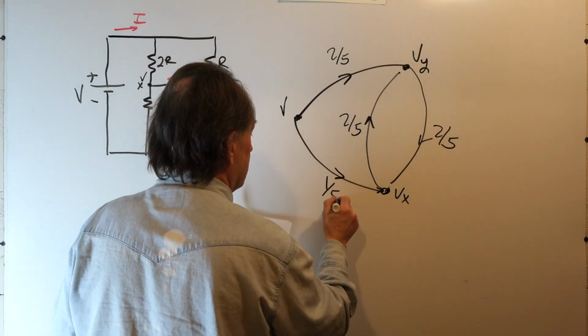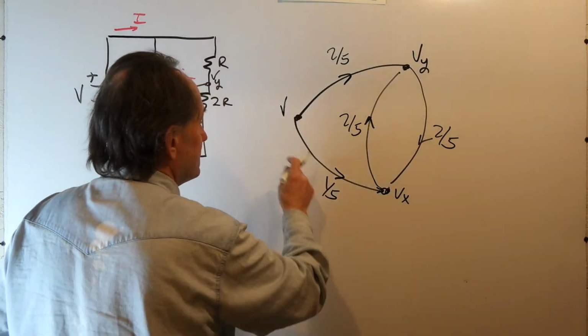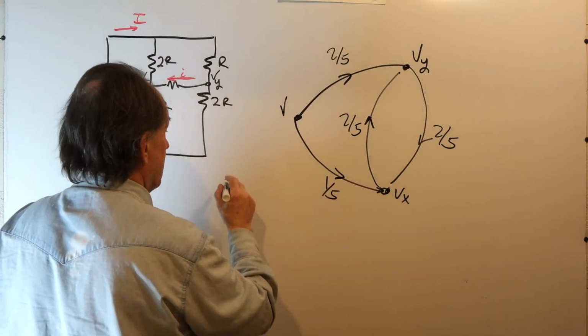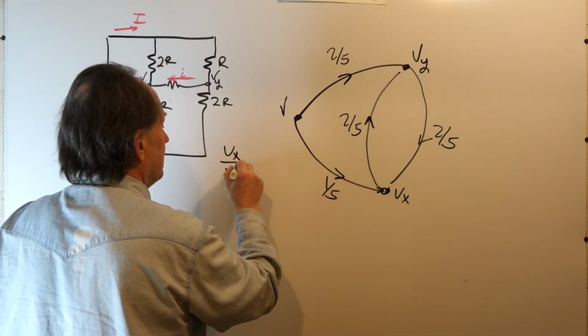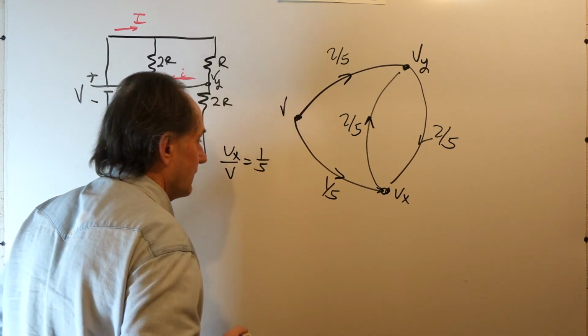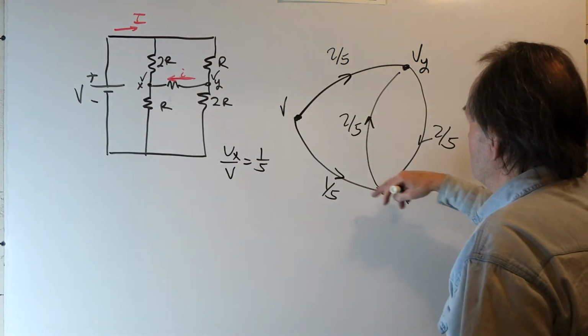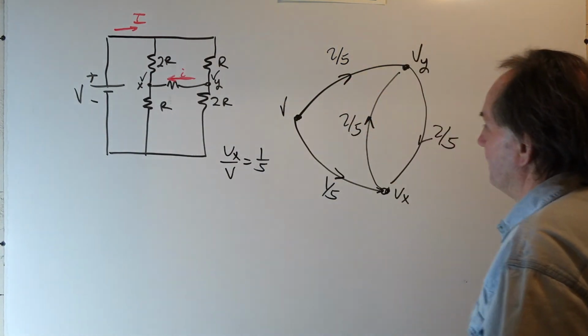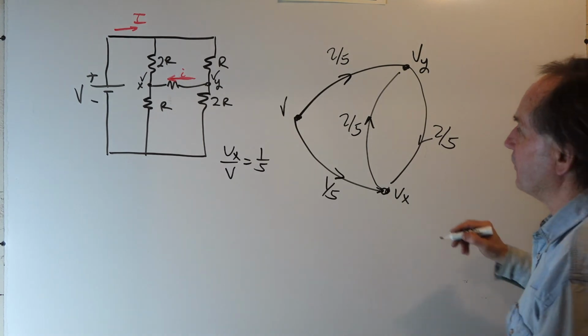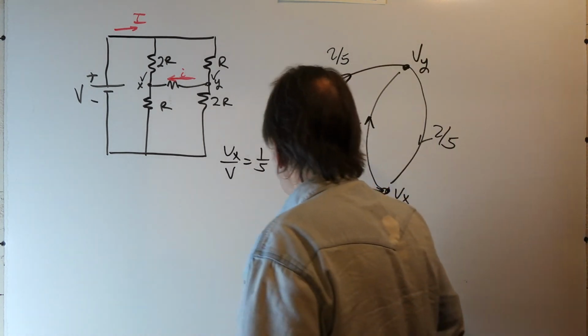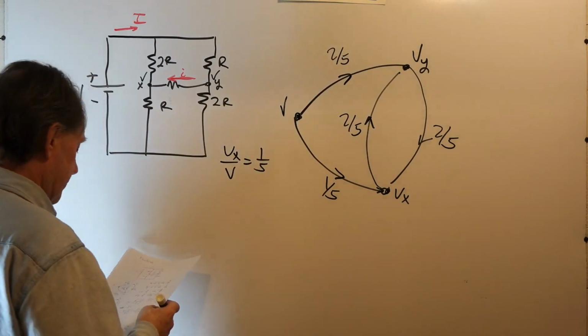These are voltage gains. That is, these are the ratio of node voltages. For example, Vx over V is 1/5. These numbers are unitless. They're gains. Volts over volts.